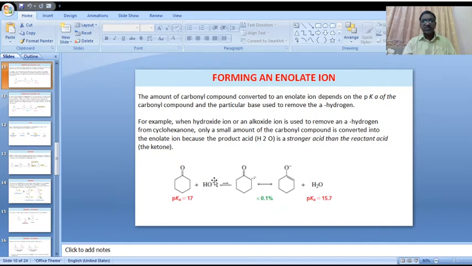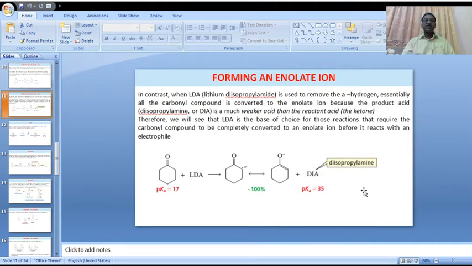Because of that, instead of the normal hydroxyl functional group, here we are using a suitable base, that is LDA, lithium diisopropyl amide.